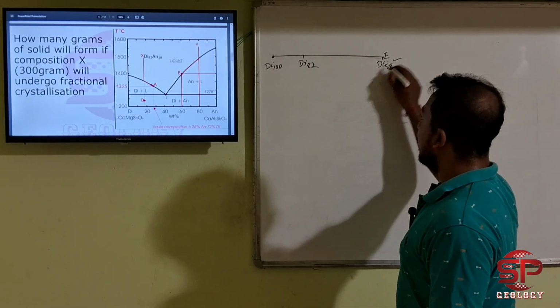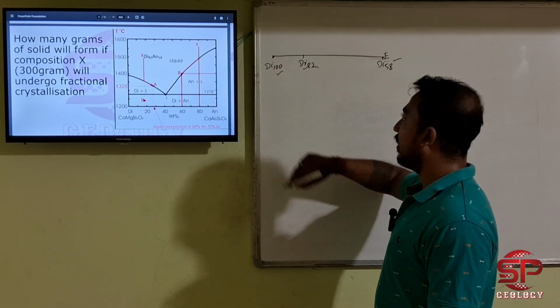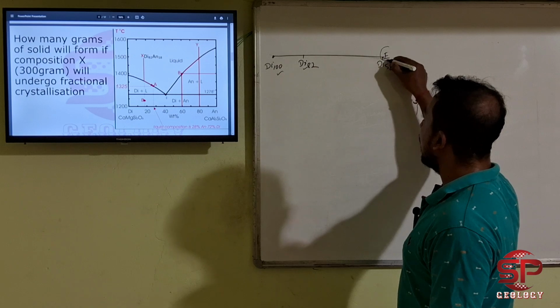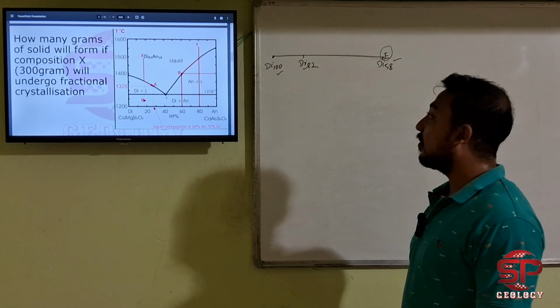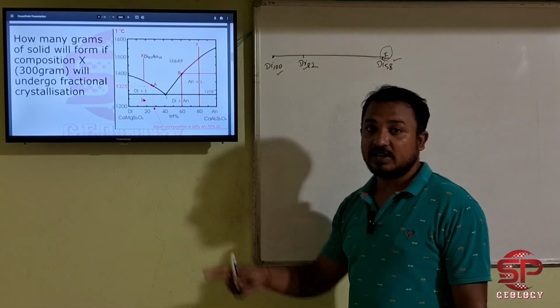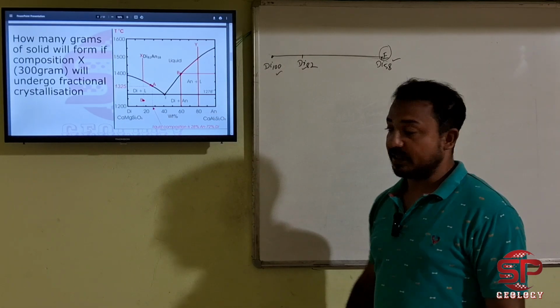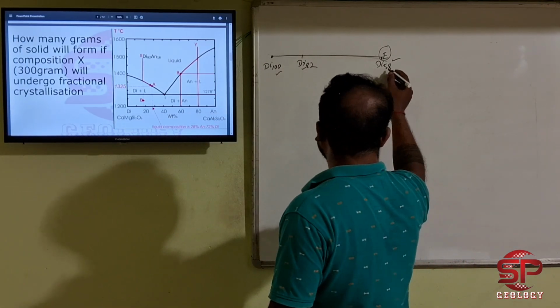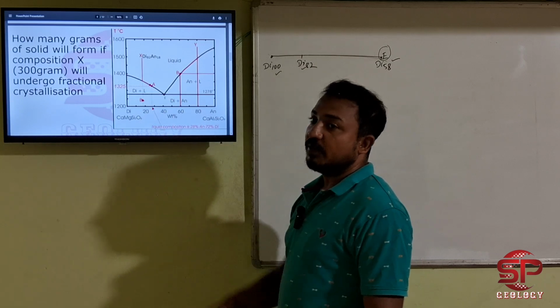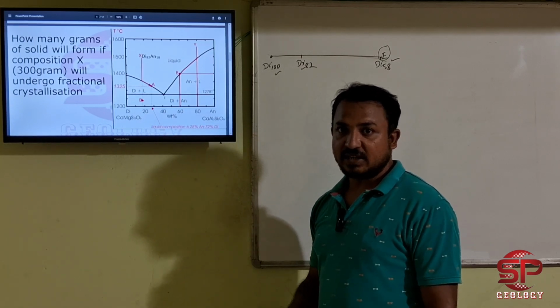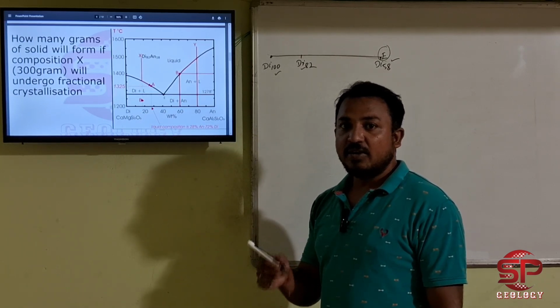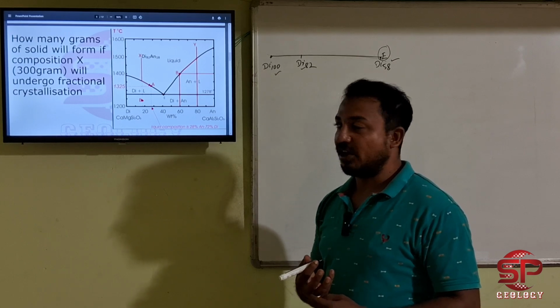So this will be diopside 58, this will be 82, this will be 100. We have to calculate the liquid percentage at point E, because the liquid percentage at point E will be the final solid percentage. Because before that all the solid will be removed by fractional crystallization. Only the last melt will be the final solid composition.